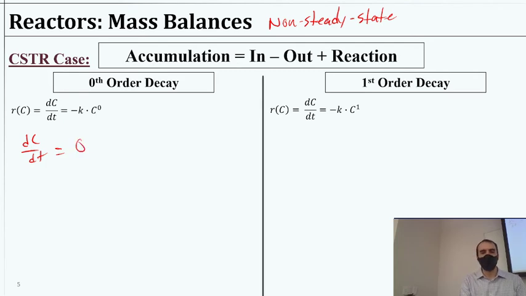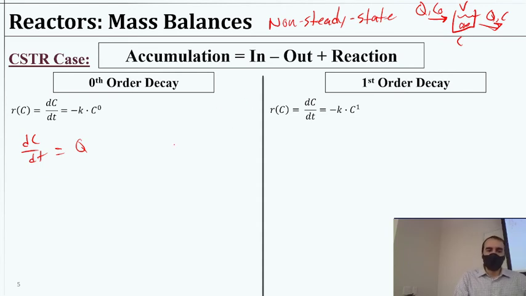First let's draw it. We have some CSTR with a Q in, C naught coming in, a volume, and a Q going out, and a C going out. Technically, inside that volume is also a C.